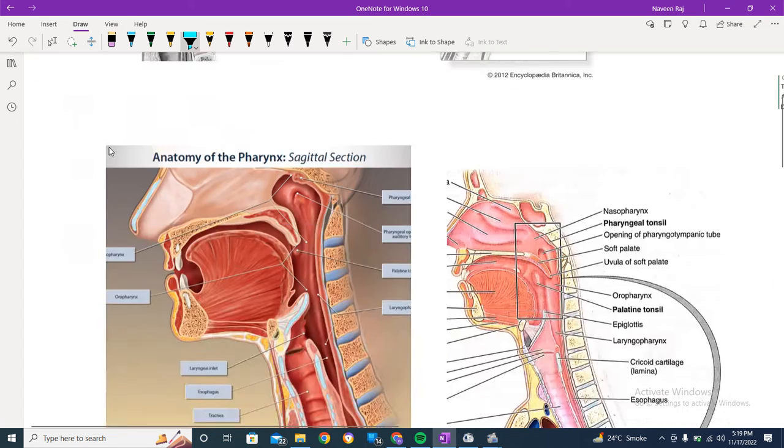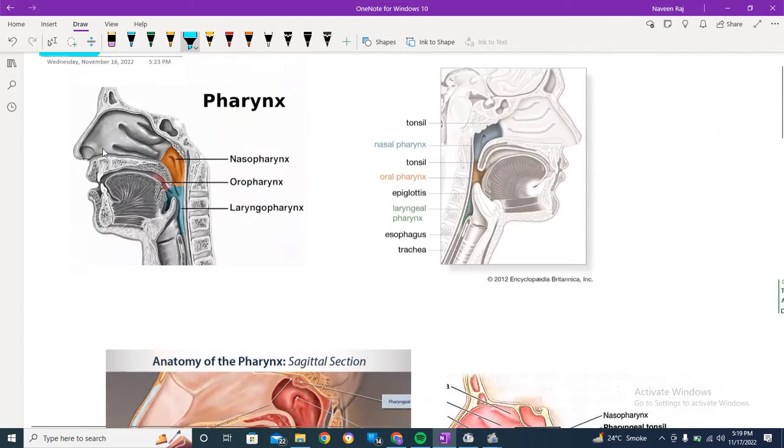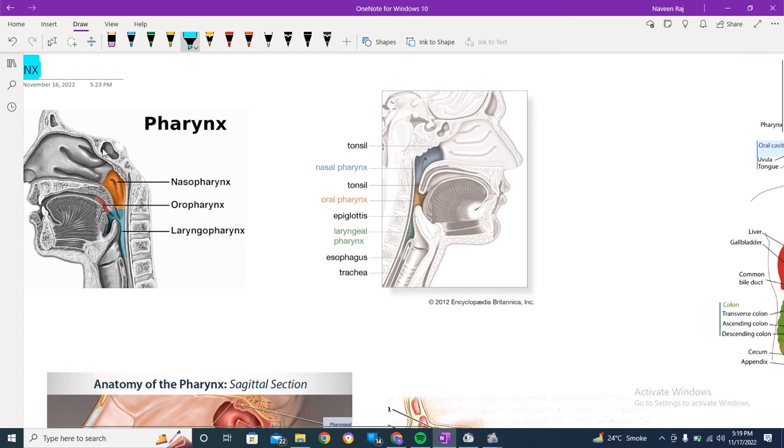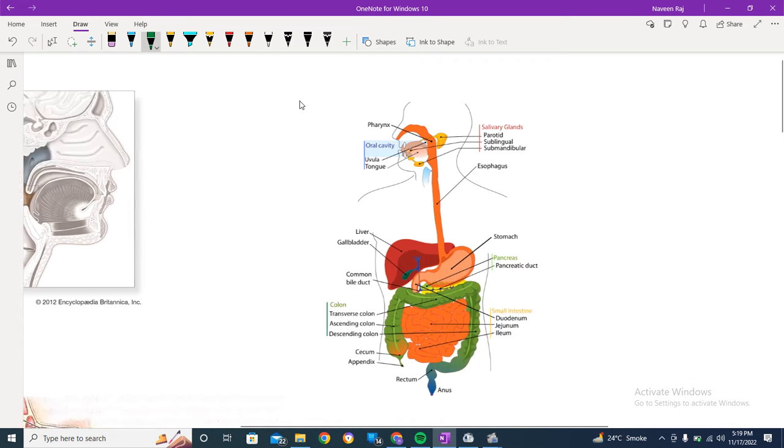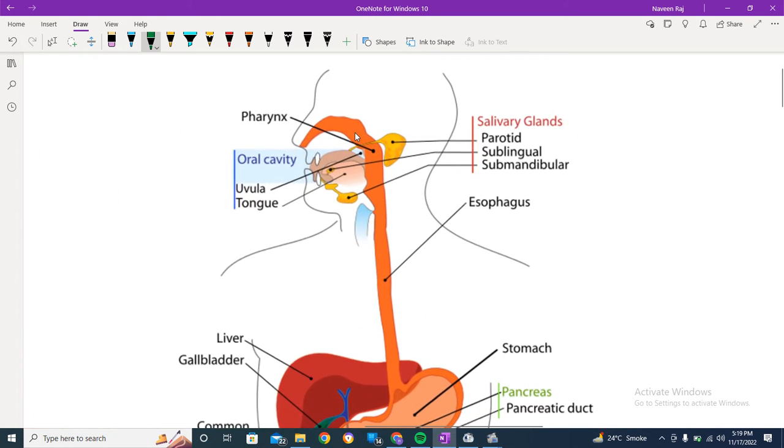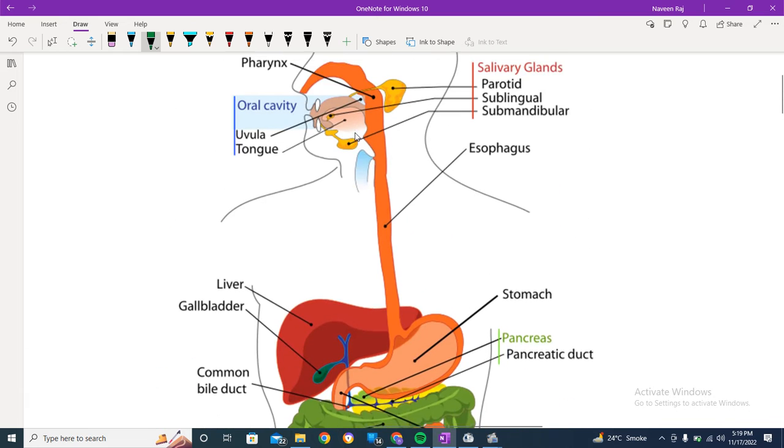We have beautiful pictures all around, and I will be explaining on the diagram basis. First of all, let me tell you what the pharynx is. The pharynx is an organ of the alimentary canal. If you see over here, this is the alimentary canal, the gut.